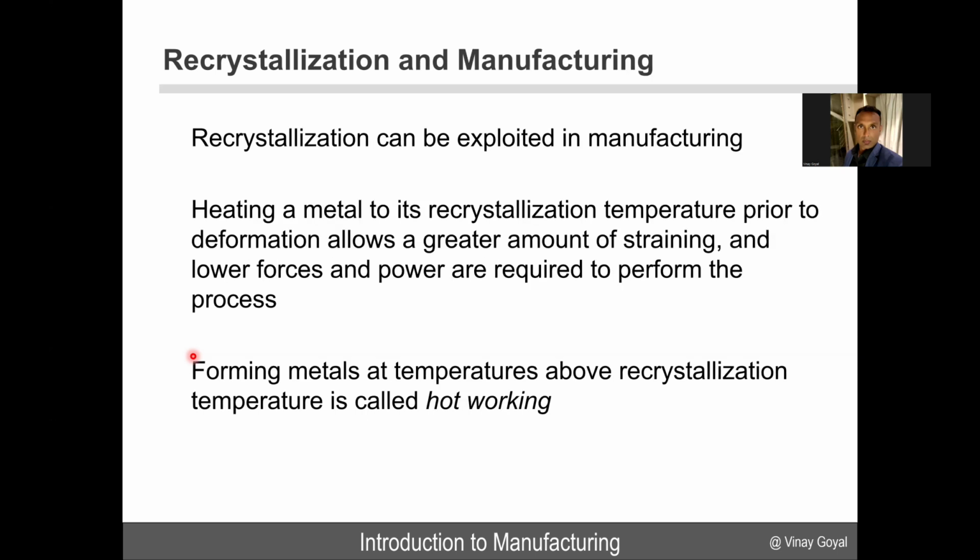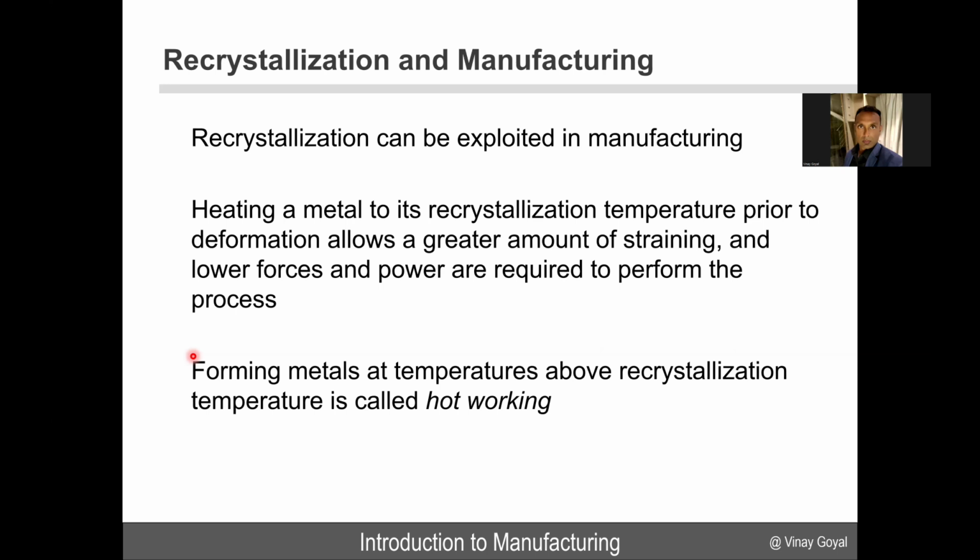If you heat up a metal to that recrystallization temperature prior to deformation, you can allow a greater amount of straining and lower the forces and powers that are required to perform the process. For example, forming metals at temperatures above recrystallization is known as hot working. That allows you to form these materials in a much easier way.